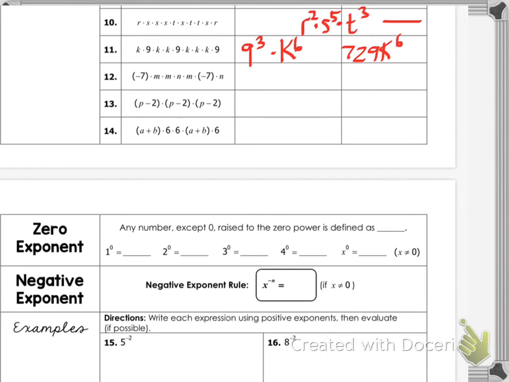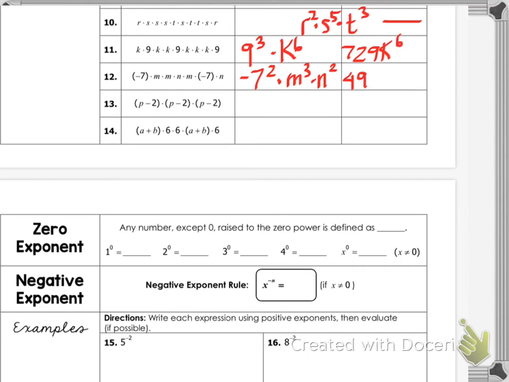Alright, the next one is negative 7 times m times m times n times m times negative 7 times n. If we begin with negative 7, we see negative 7 as a factor twice, so negative 7 squared. And then we see m as a factor 3 times, so times m to the 3rd power. And then we see n twice, so times n to the 2nd power. Alright, we can evaluate negative 7 times negative 7, which is going to give us 49.